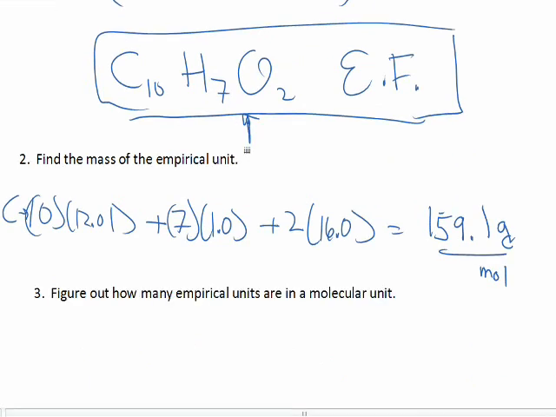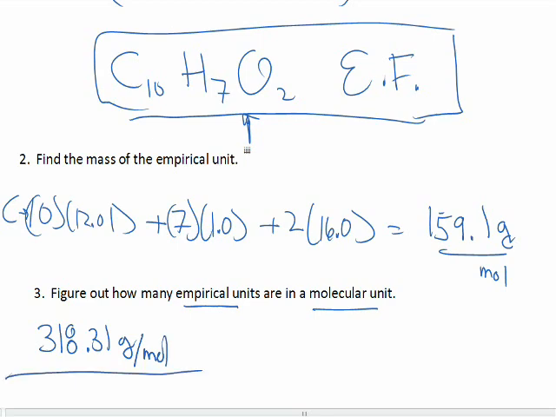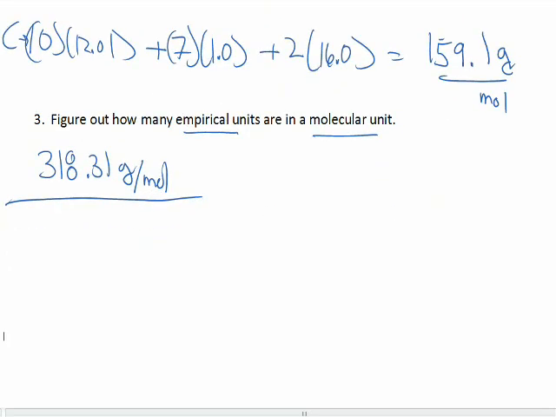Now we go back to what we did in the previous example. We figure out how many empirical units are in that molecular unit. So it's that ratio again. We had 318.31 grams per mole given to us in the beginning. Now let's divide by the empirical formula mass of 159.1 grams per mole that we just calculated, and we get a ratio of 2.